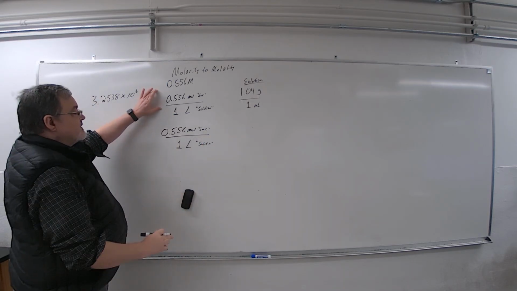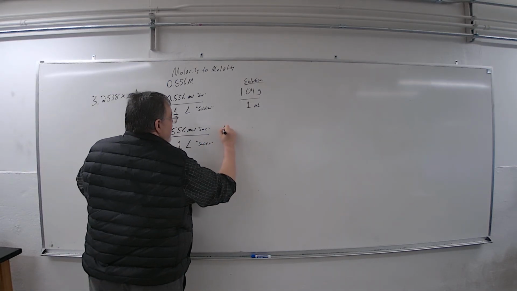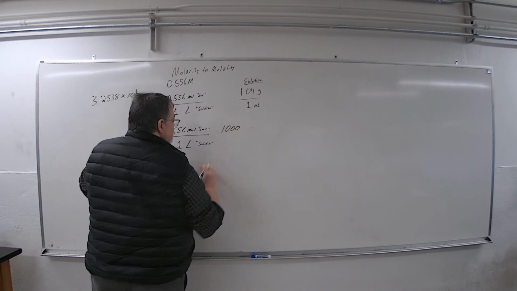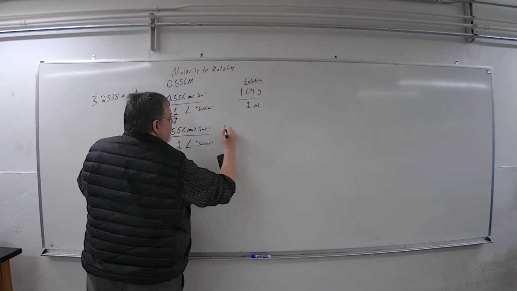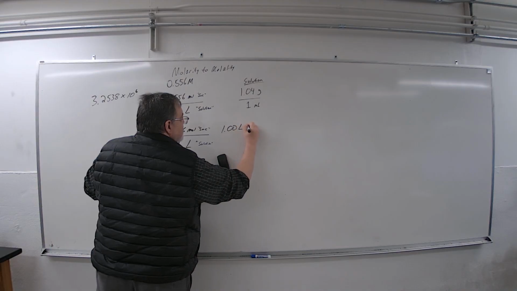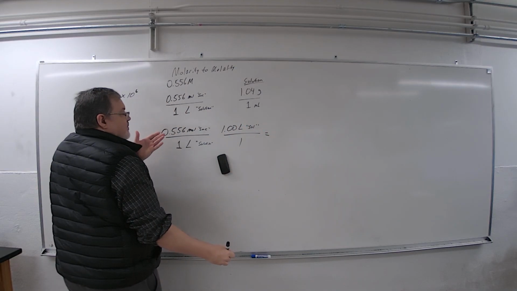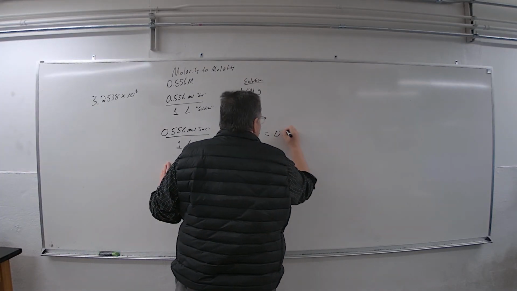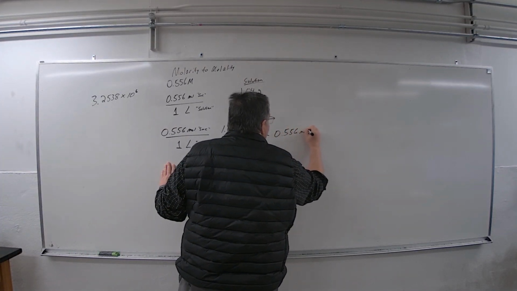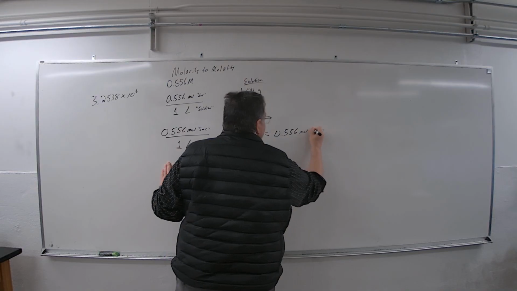So I've just repeated this down here, and now I'm going to say I have 1.00 liters of solution, which means I have 0.556 moles of sucrose.